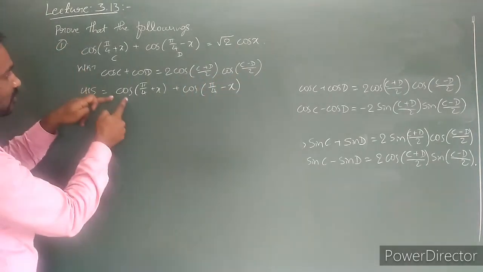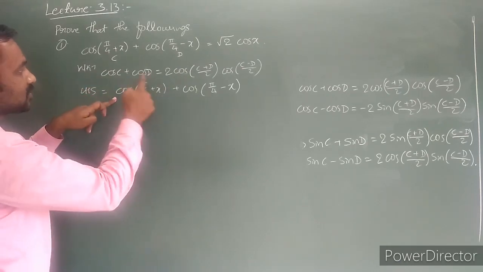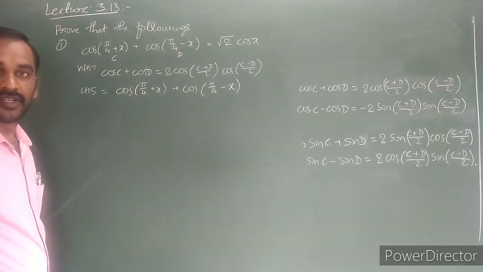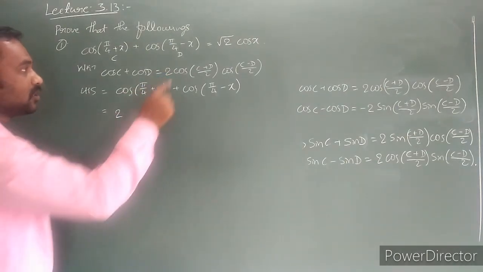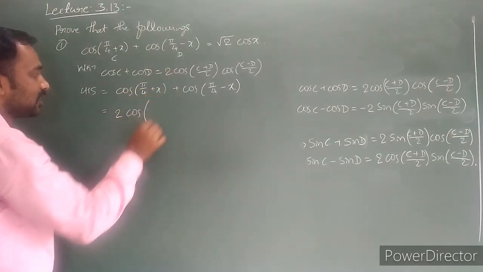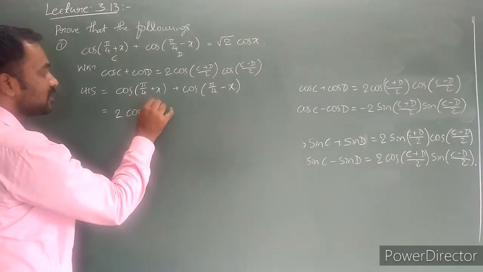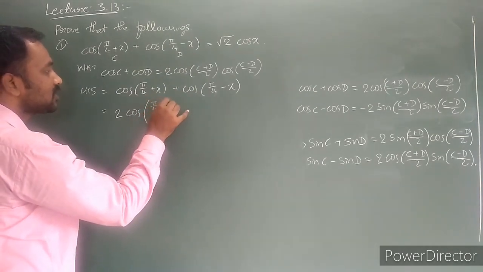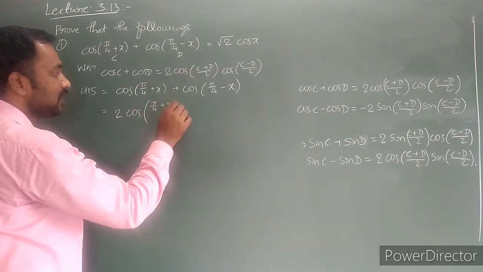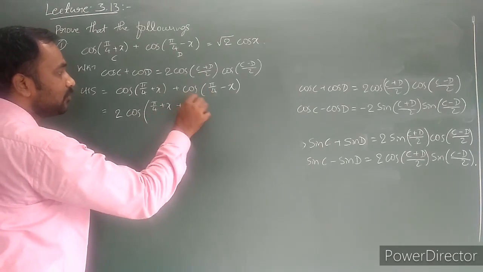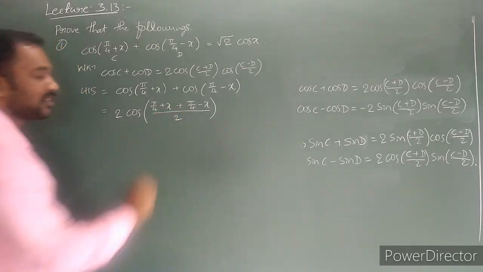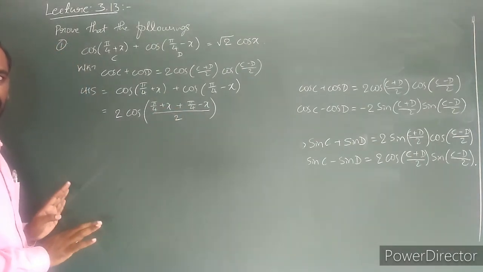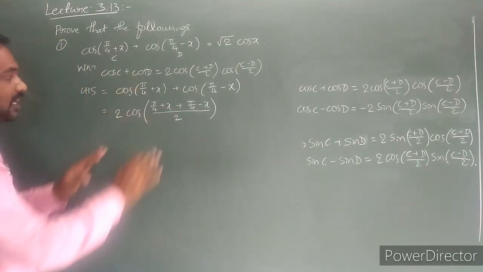Just observe that this is cos C plus cos D. What is the right hand side? 2 as it is, cos as it is, into (C plus D) divided by 2, where C is pi by 4 plus x and D is pi by 4 minus x. Just replace it in the formula. Compare it and replace it.